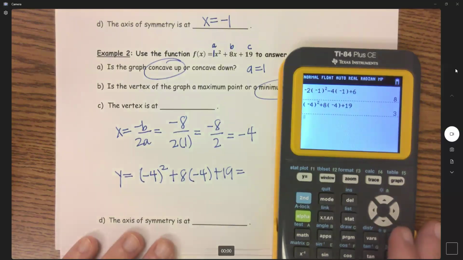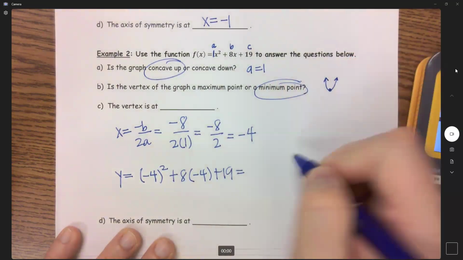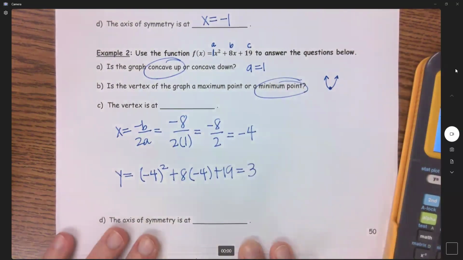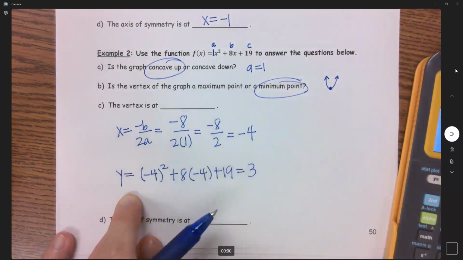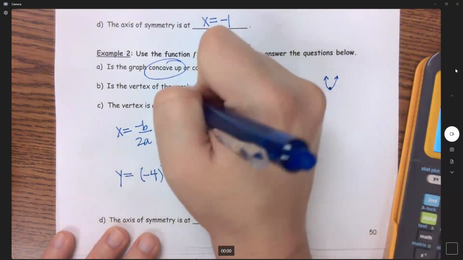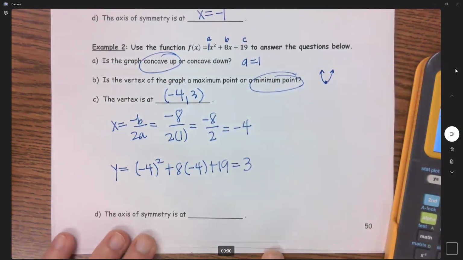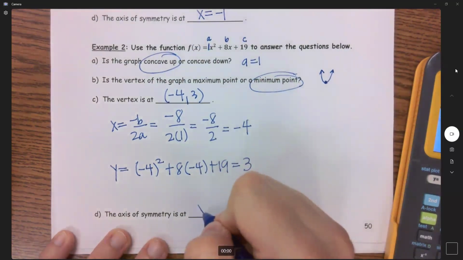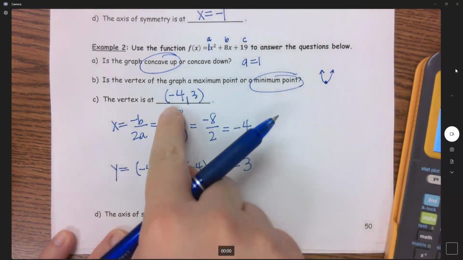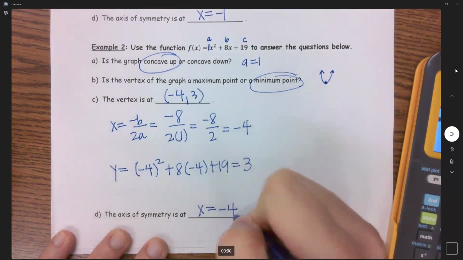And I get 3. So where's my vertex? It's at x comma y, negative 4 comma 3. And so what's the axis of symmetry at? It's at x equals your x coordinate, negative 4.